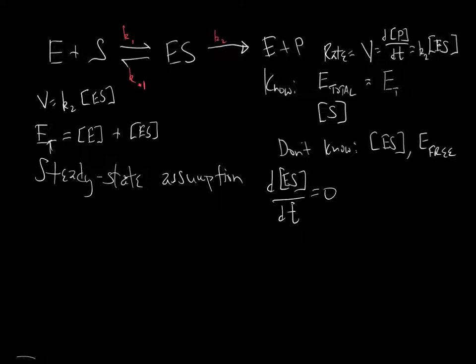So what does that really mean? That steady state assumption. So to put that in simple terms, what that means is the rate of forming ES has to equal the rate of breaking it down.